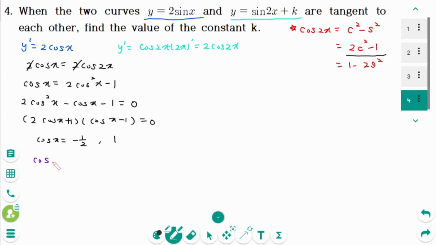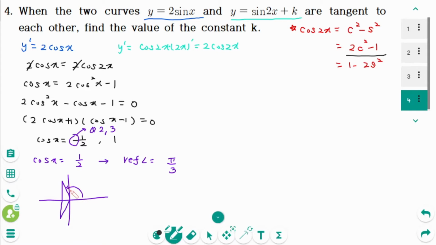When cosine x equals 1 over 2, that means the reference angle equals pi over 3. But cosine x is negative, so quadrant 2 and 3. So make the triangle like this.